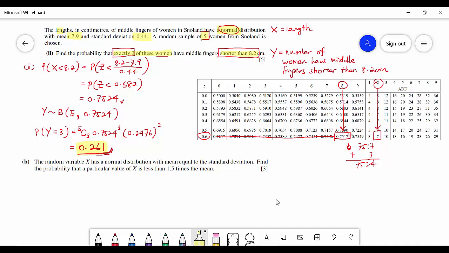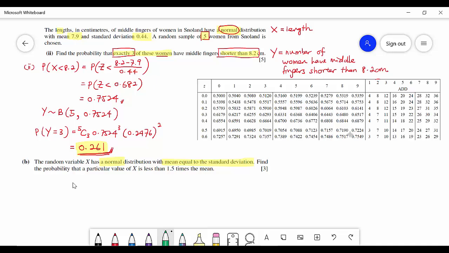Then now let us continue further for the next part. Part B, question 7, part B. Now for part B, if you look at the detail, the random variable x has normal distribution. So again, I highlight the word normal distribution. Mean equal to the standard deviation.